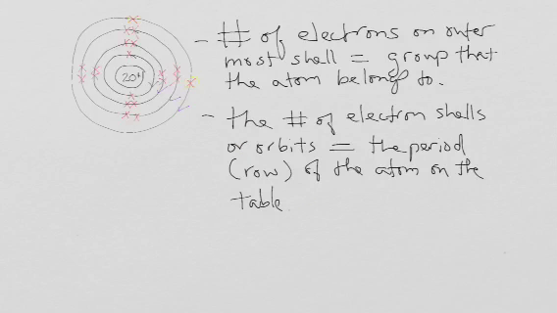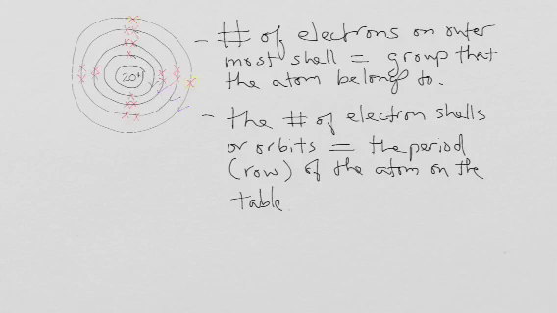So if we look at this, we see that in any atomic structure, the number of electrons on the outermost shell will always be equal to the number of the group that atom belongs to. Calcium has 2 electrons in the outermost shell. It belongs to group 2. Okay?